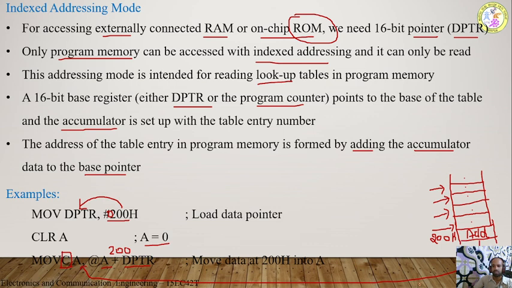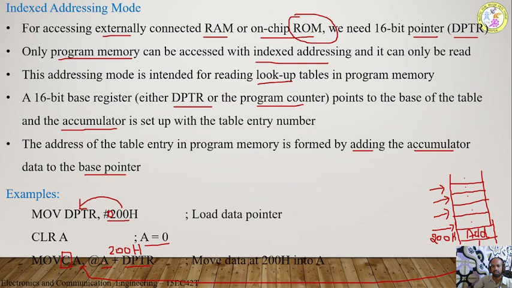And this is there in the location 200H. In the 200H memory location this ADD instruction will be stored. So that is what MOVC is used for. Now in the indexed addressing mode, the final address is obtained by using this indexing. DPTR is a base register and the accumulator is an index register, or instead we can use the program counter as a base register, program counter plus accumulator.